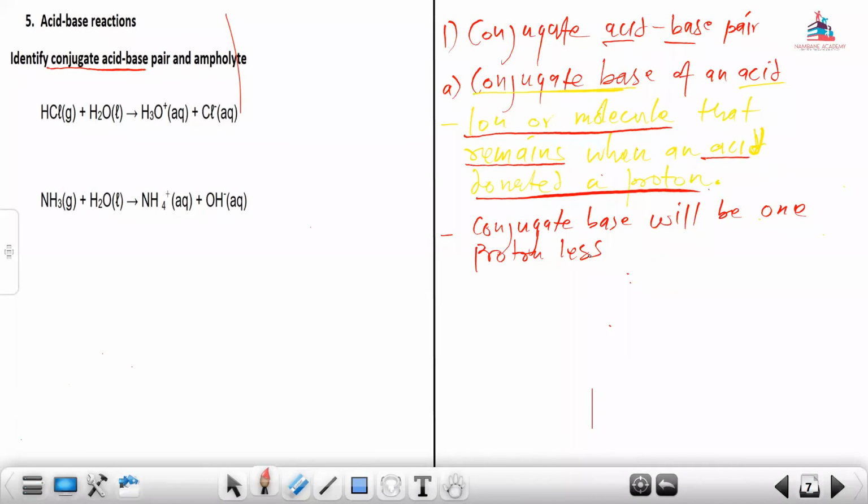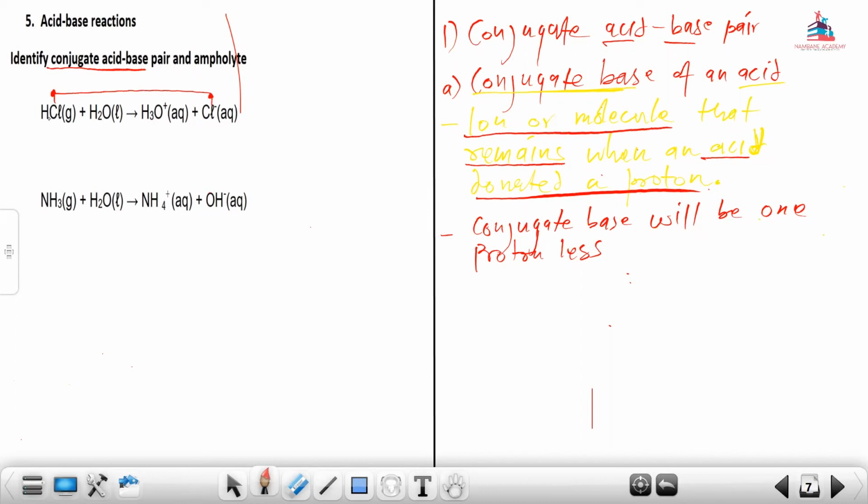So let's look into the reactions that I have. I have HCl plus H2O to produce H3O plus, and now Cl minus. As per definition, it's an ion that remains when an acid has donated a proton. So basically the pair that I am looking for is the HCl together with what?